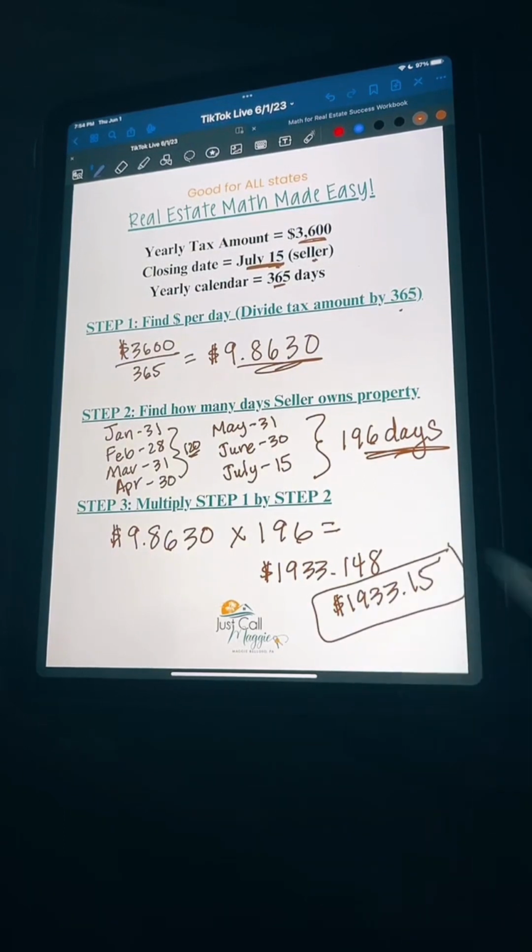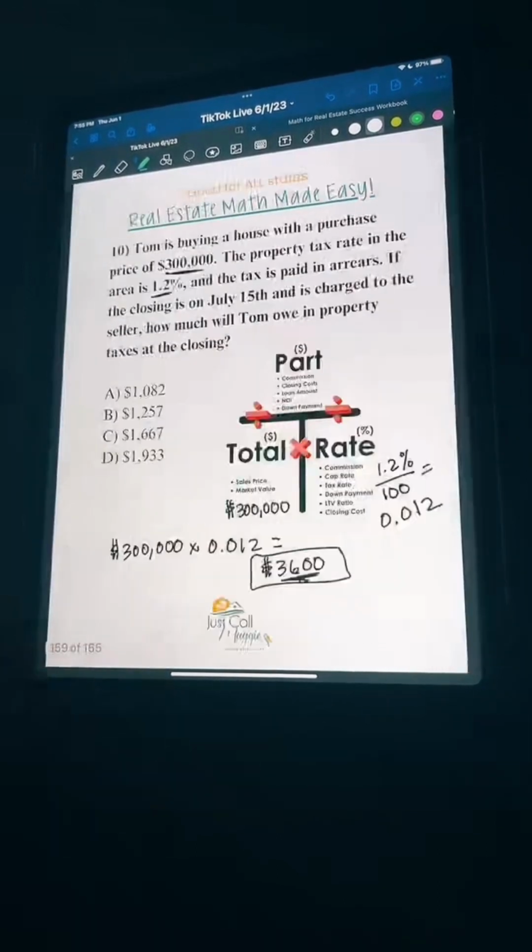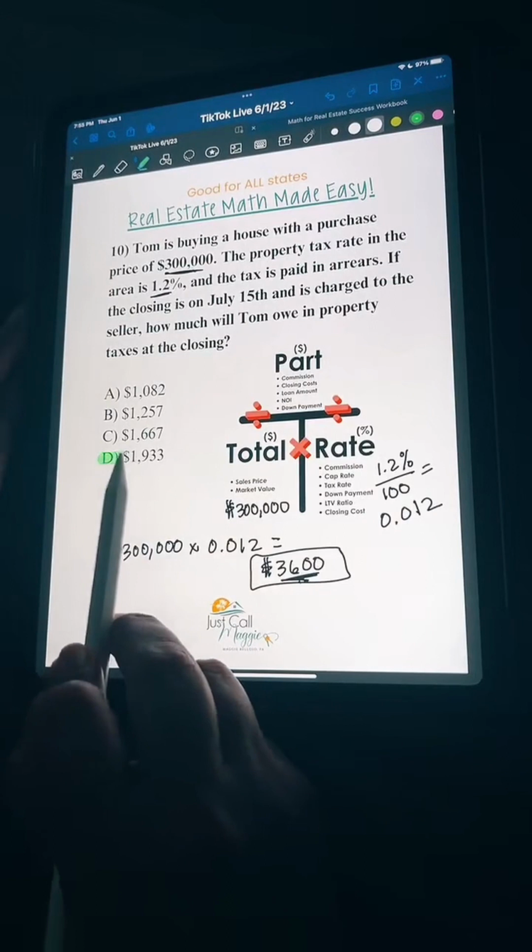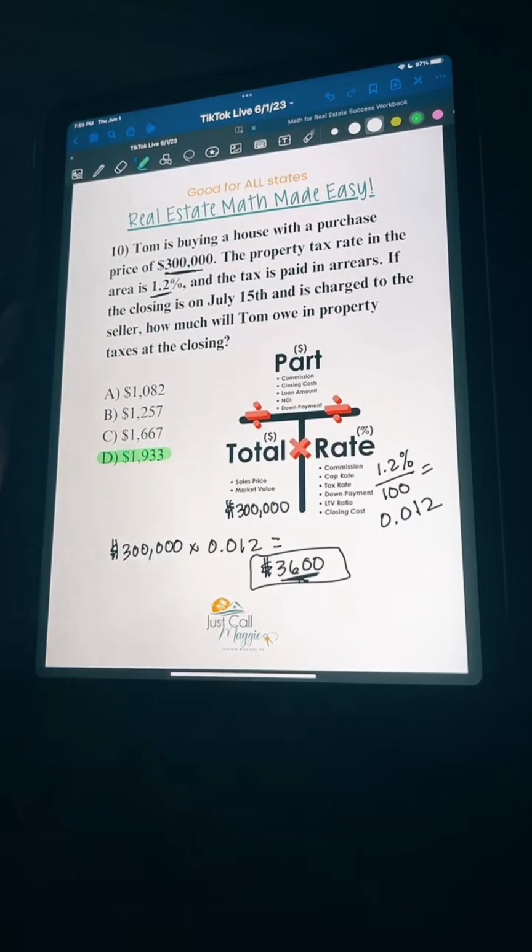So anything kind of close to that is where it's going to be because you can have rounding errors. I try not to do the rounding until the end, but sometimes there are rounding errors. So let's see here. Oh, there it is, 1933. So my answer is D.